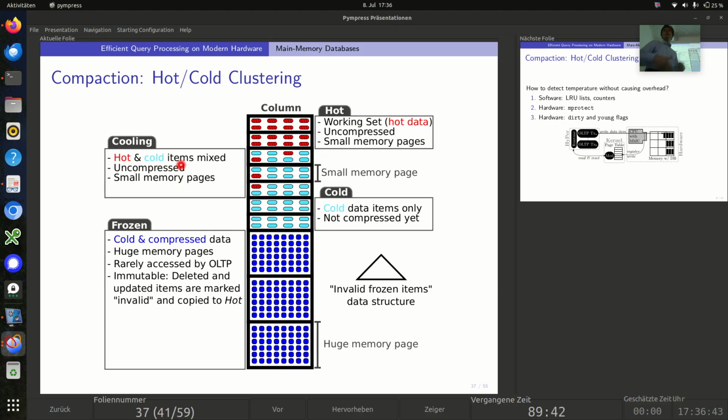And this was the idea of the data blocks. We have those which should be part of the main memory, and then they are cooling down, and afterwards we can compress them or swap them out. And this was the idea of how we can optimize storage.